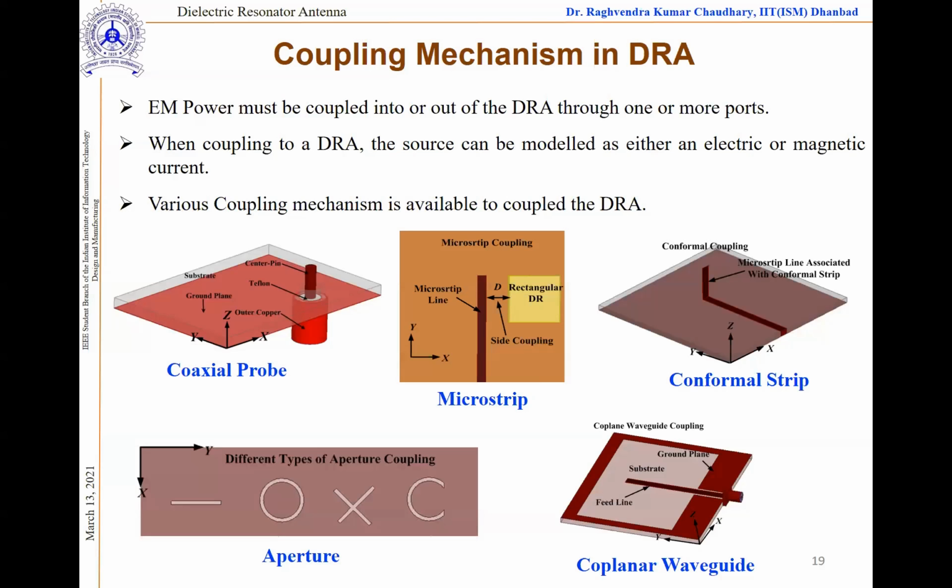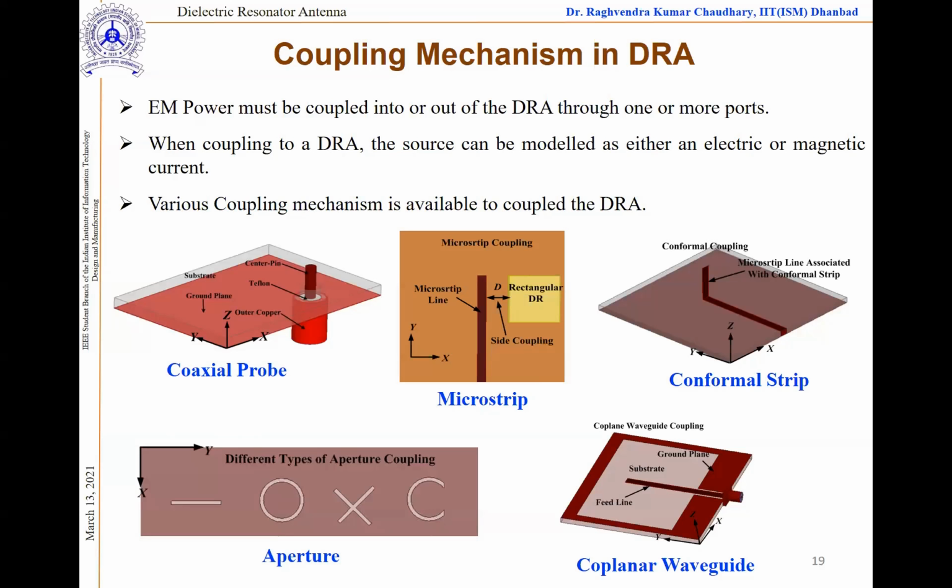Correct. So here there are 5 coupling techniques. I'm showing here the coaxial, microstrip, conformal, aperture, and coplanar. If you use a coaxial there are certain advantages and disadvantages. If you use aperture, definitely some advantages will be there, and definitely some disadvantages will be there.